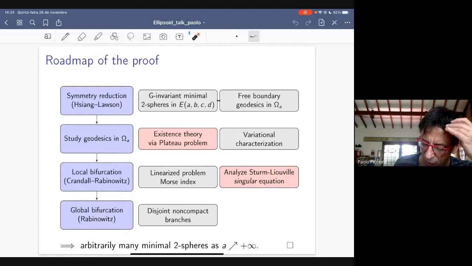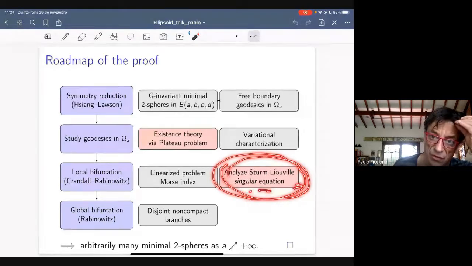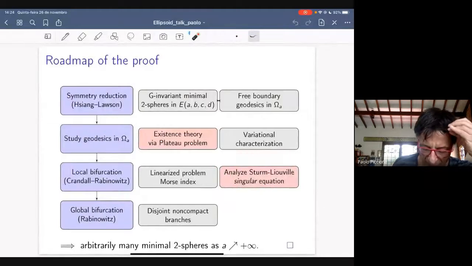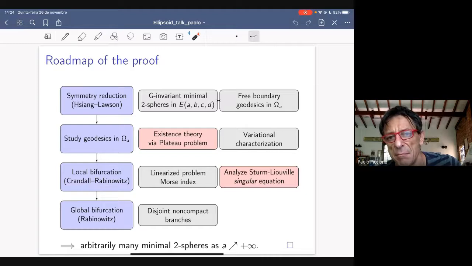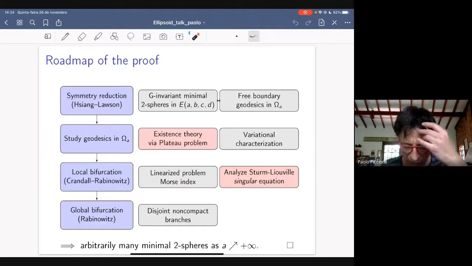So we do an analysis of this singular Sturm-Liouville equation. And with this, we get existence of infinitely many bifurcation points, which still doesn't conclude the result, because the last step we need is to prove that all the bifurcating branches persist for every value of A going to infinity.